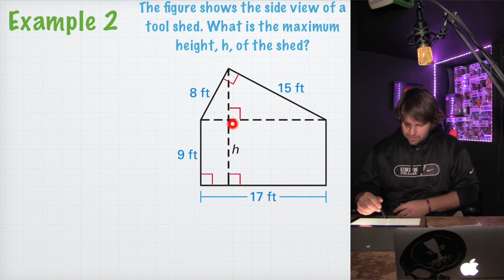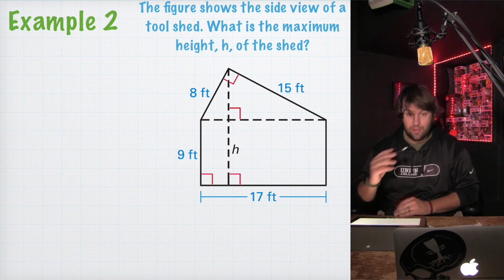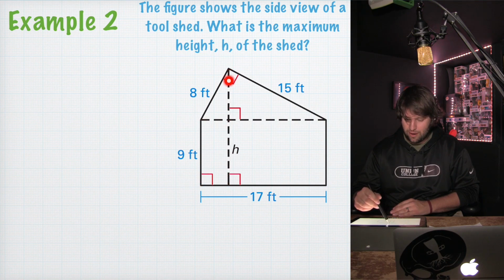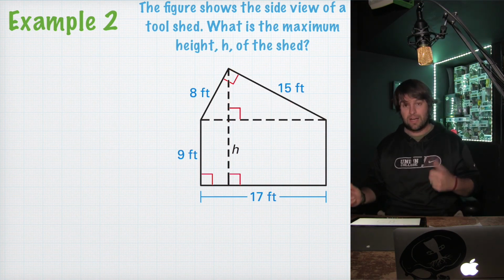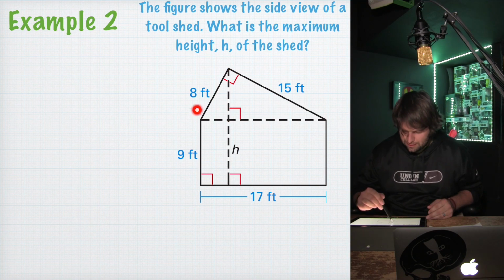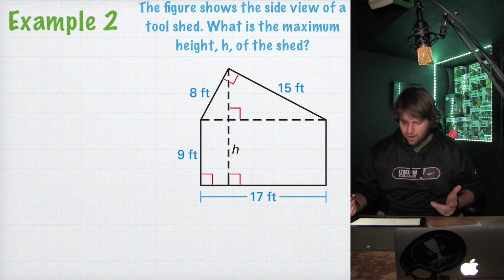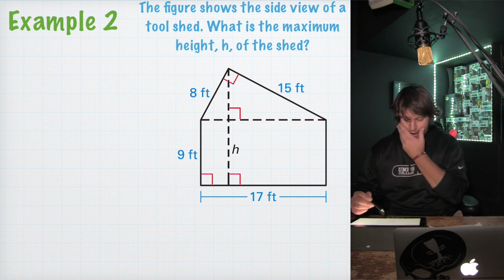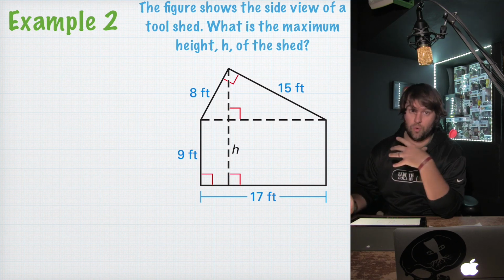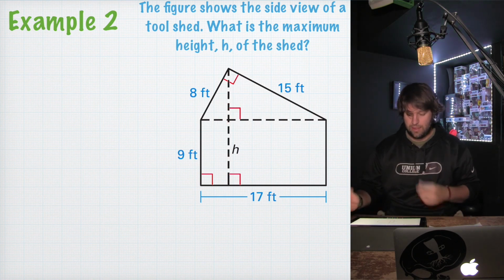You know that this little section here is 9 feet, and with all the information we just learned, we can figure out the height of this triangle by comparing these similar triangles. The first thing I like to do is, obviously we need this bigger triangle because it has all three sides. And then, honestly, you could choose this triangle or this triangle to solve for the height.